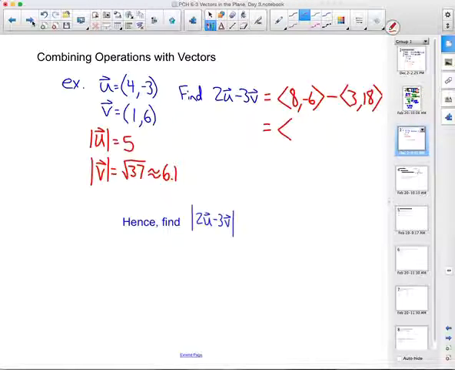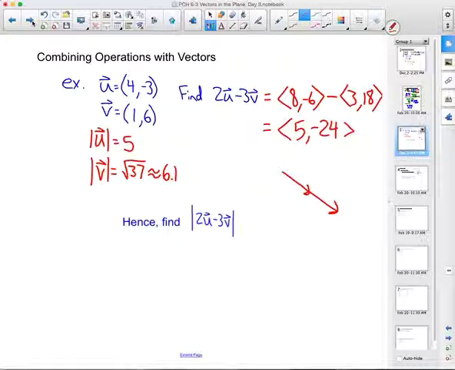So here's the deal. We've got 8 minus 3, which is 5, and negative 6 minus 18, which is a negative 24. So there's our vector, 2u minus 3v. It's 5, negative 24. And again, this is helpful because now we don't have to draw 4, negative 3, and another 4, negative 3, and then minus 3v.